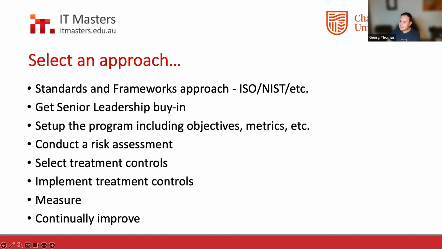So what exactly is meant by getting senior leadership buy-in? Look, that's a good question, and we're going to talk a little bit about that next week. But in terms of how I explain that, senior leadership ultimately are accountable for the organization. So they're going to be board members, executives. When I talk about senior, I'm talking about top management, right?